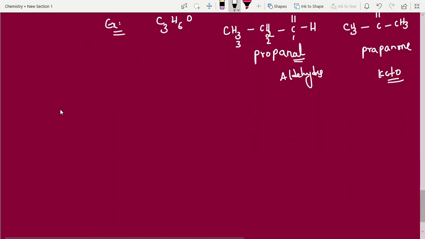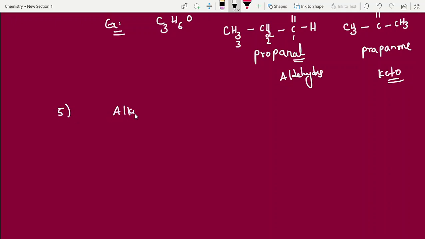Alkynes and alkadienes. Alkynes means triple bond, right? Now tell me, CnH2n minus 2.